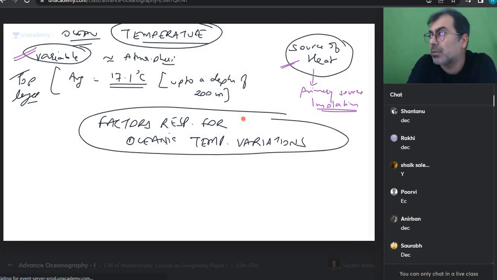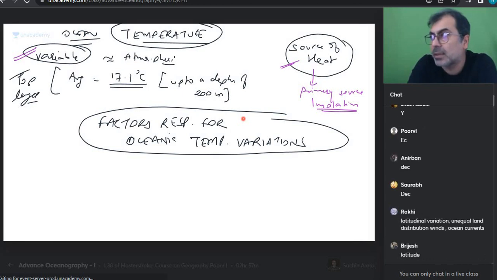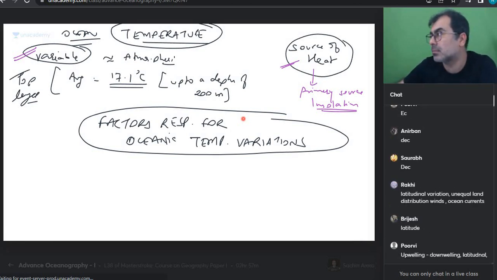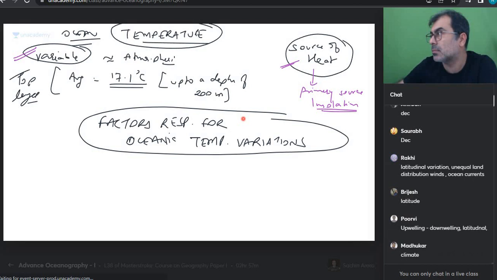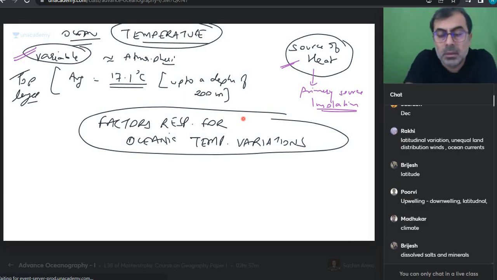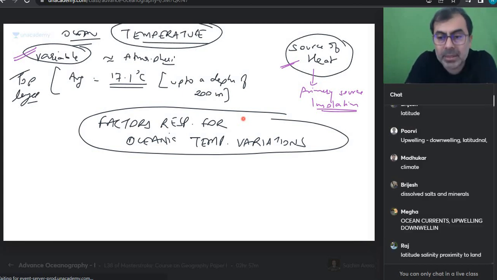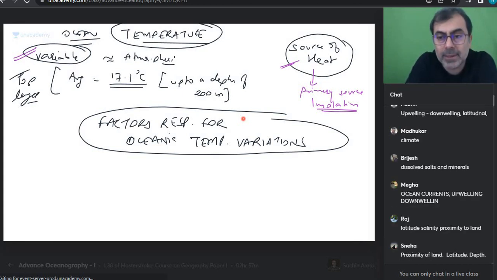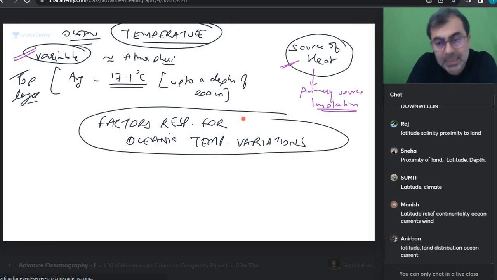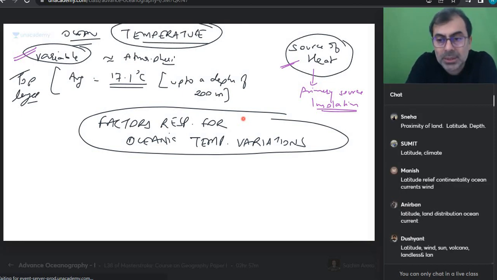Okay, so what are the factors? What have come to your mind quickly? Dissolved salts, upwelling, climate, latitude, proximity to land. Okay, latitude, relief, continentality, ocean currents. Latitude, continentality, ocean current is fine, but how is relief? Ocean also has relief.